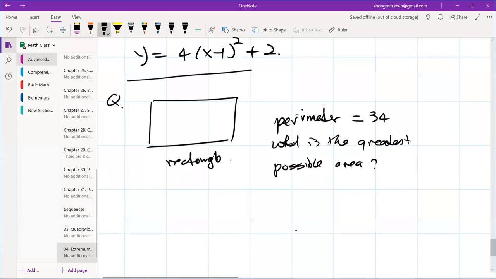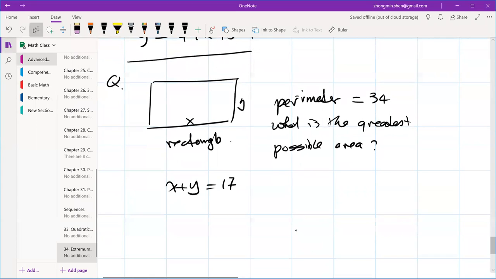So what you do is, here's x and y. So equation 1, x plus y is going to be 17, right? It's half of the perimeter. And the area is going to be x times y. So x and y are not arbitrary.